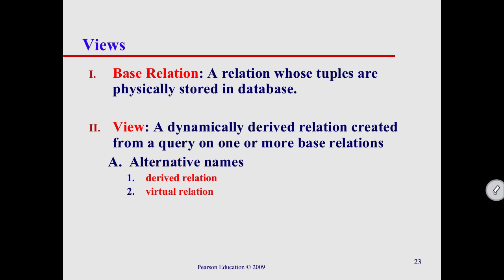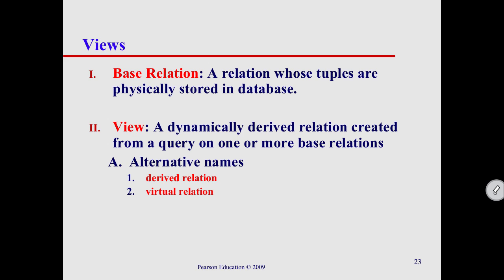They do not have a physical existence in the database. They are instead dynamically derived from one or more base relations. One common example of a view is something that contains what are called aggregated information. For example, we may wish to know the number of staff in each branch.